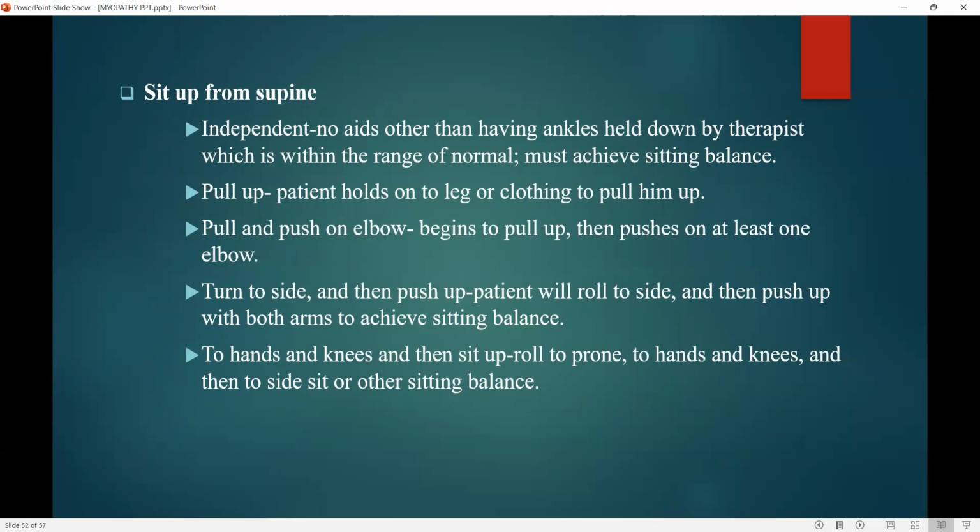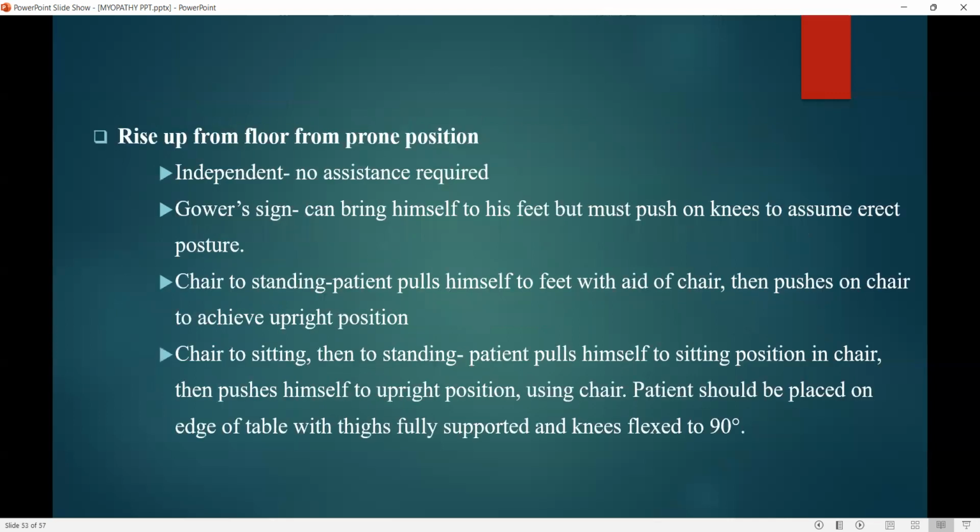Two hands and knees, and then sit up: roll to prone, two hands and knees, and then side sit or other sitting balance. Rise up from prone position. Independent, no assistance required. Gowers' sign: the patient brings himself to his feet, with most pushing on the knees, and assumes an erect posture.